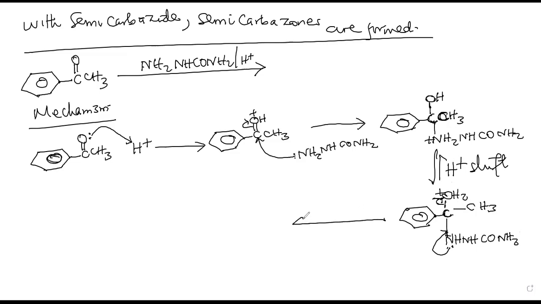So here we shall lose water. And as you lose water, you are going to form CH3, the double bond to nitrogen, but nitrogen will be having a plus, with H, NHCO, NH2.